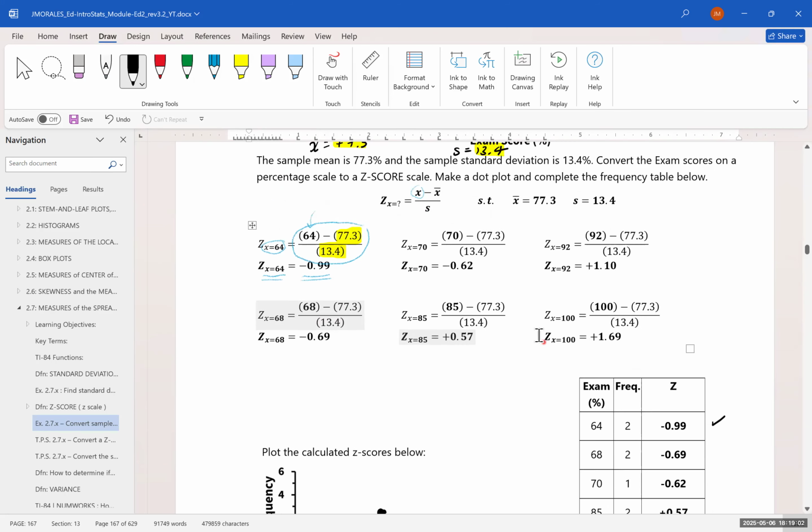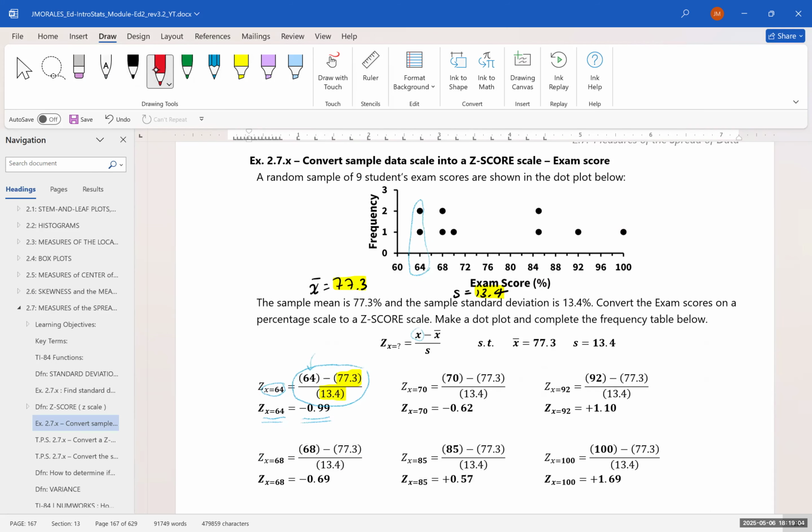Now 68. So now we want to take our x value of 68. We've got two of those. So when x is equal to 68, what's our z-score? So we substitute 68 in for x. We have the same sample mean and sample standard deviation. And that'll come out to a z-score of negative 0.69.